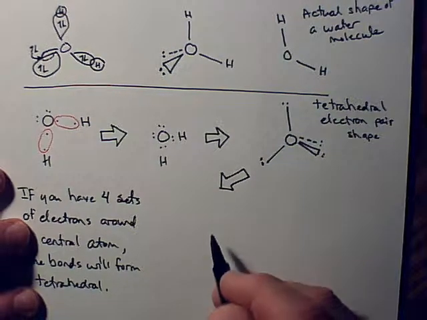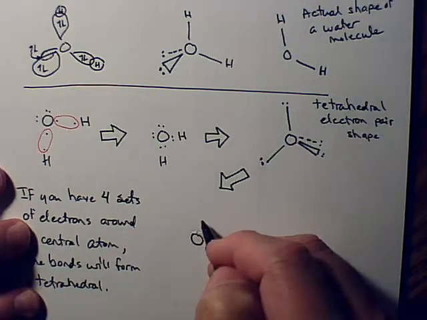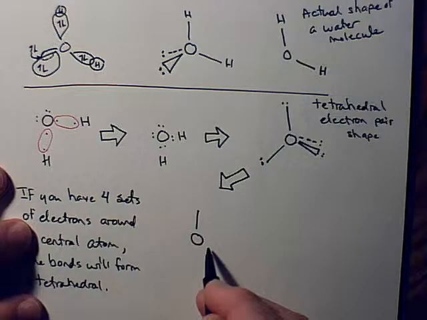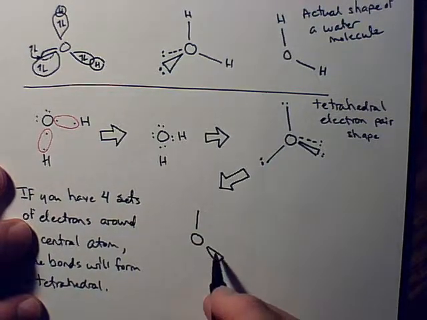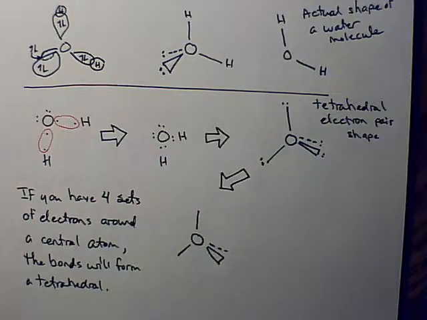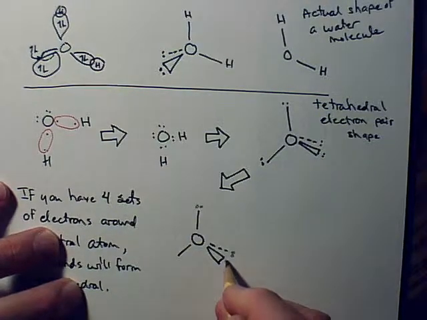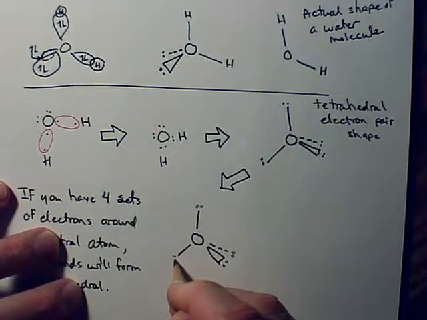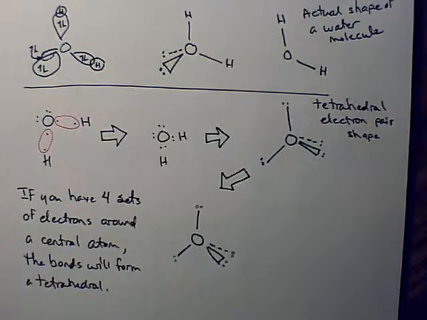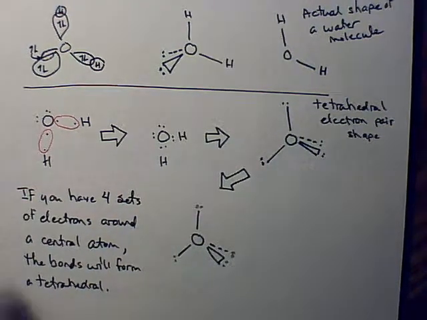So the next thing is we're going to redraw exactly the same drawing, but do it in pencil. Okay. I'm going to put my electron dots on there. So I'm redrawing the exact same drawing, but now I'm going to replace any 2 pairs of electrons I want to.